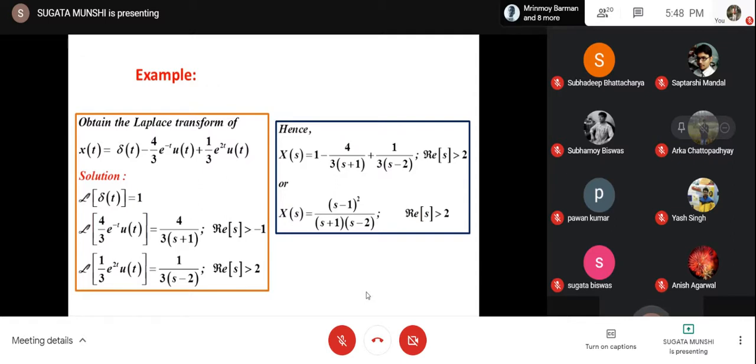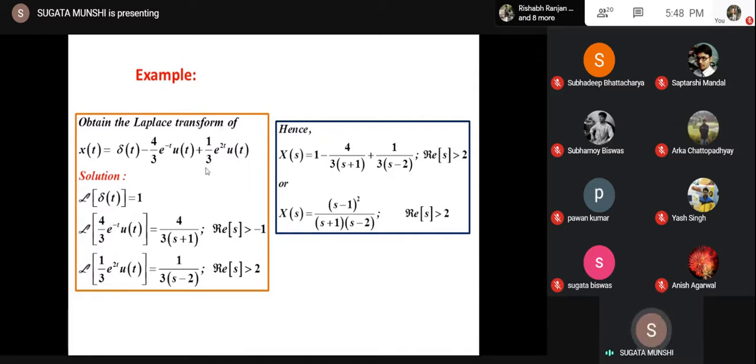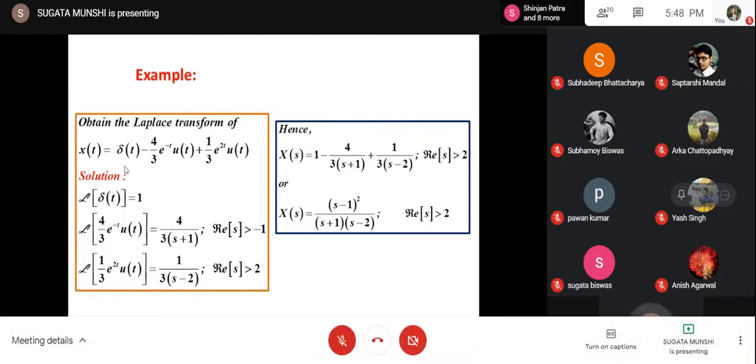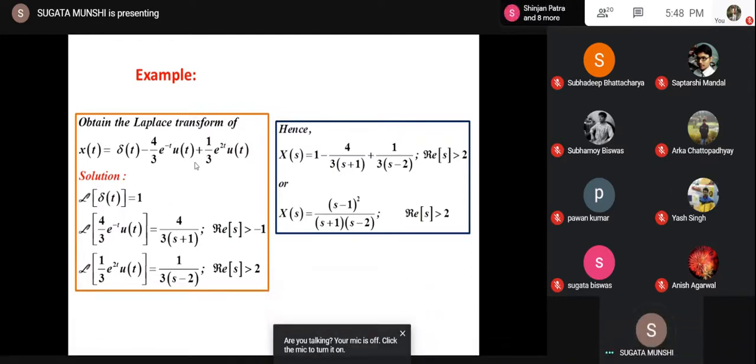Just see that there is an unbounded component, 1/3 e to the power 2t u(t). Therefore, due to the presence of that unbounded component, x(t) is not absolutely integrable. It grows without bounds as you increase the value of t.